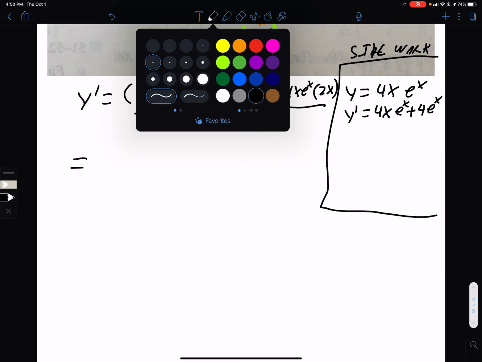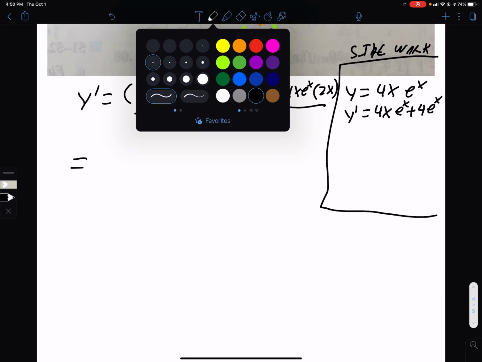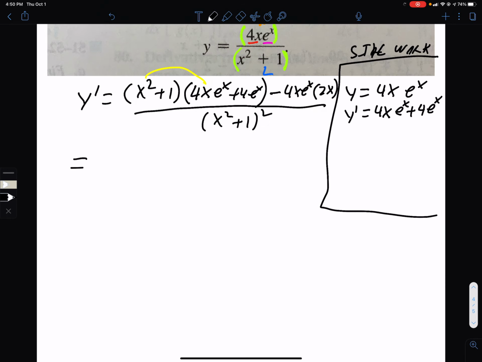I'm going to do some ugly work here. So this is going to be a lot of stuff going on. Do I have anything in common on top that I can take out? I'm going to have to distribute. I'm hoping that I didn't make any ugly mistakes, but basically I have to do that, that. So that's what I'm going to do. So the first one I'm going to do is that, and that's going to get me 4x cubed e to the x.